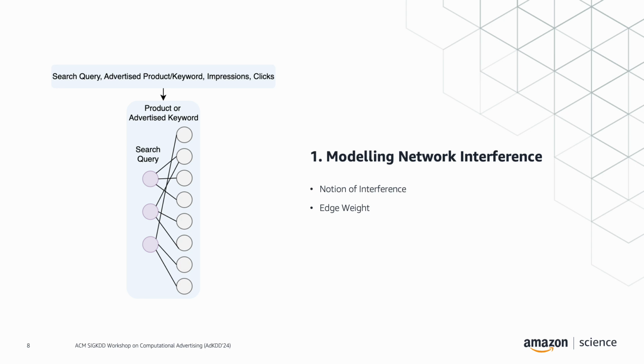One thing to note here is that we are using the ad publisher's data. We could potentially build a search query to product bipartite graph using Amazon's own internal search data. But what we learned is that the notion of interference we are trying to build the network for is very different on the search engine side, because they not only look at the relevance of the product to the search query, but also the bid competitiveness.